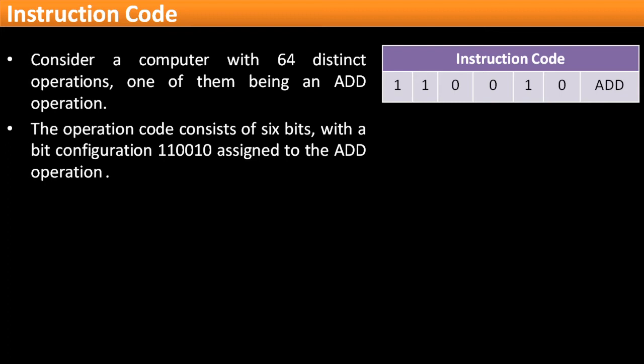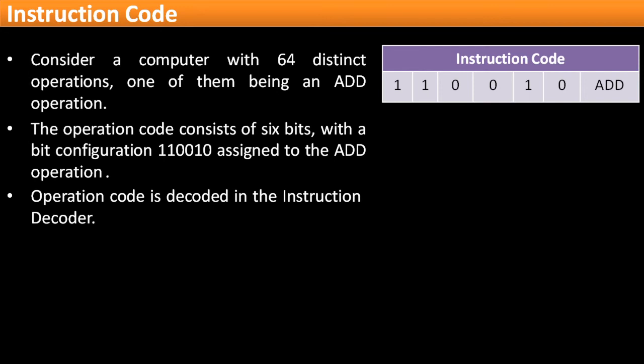So the operation code consists of 6 bits. Here the 6 bits are 110010, which has been assigned to the add operation. I'm not saying that this will be the same for all computers. We have taken a hypothetical computer. In the computer that we are considering here, the instruction code for add is 110010.